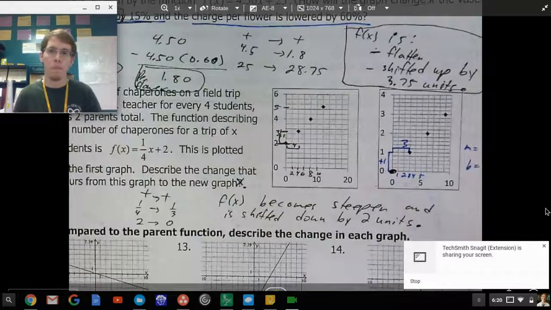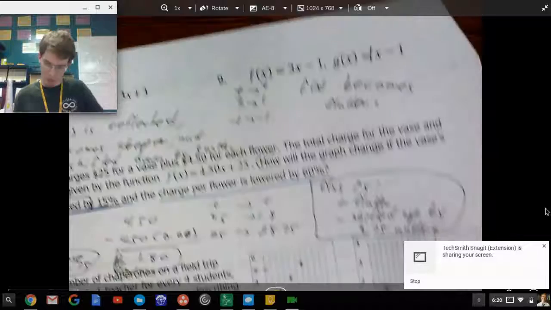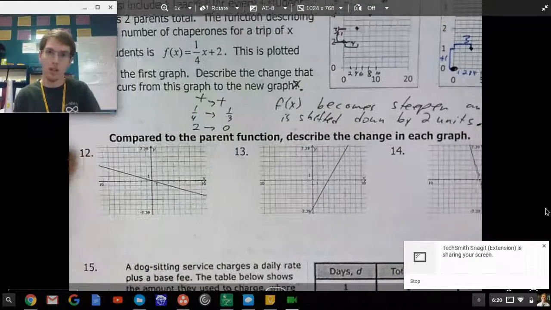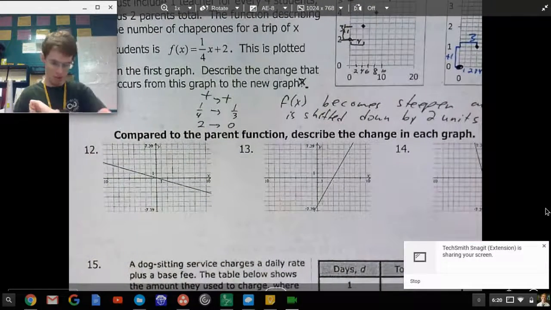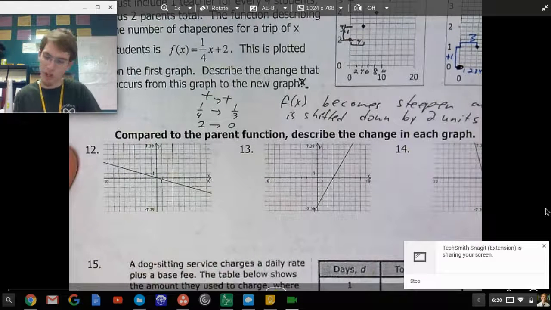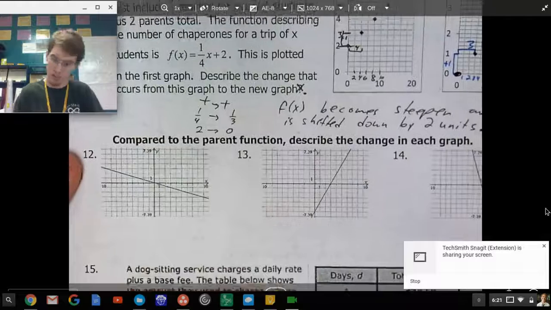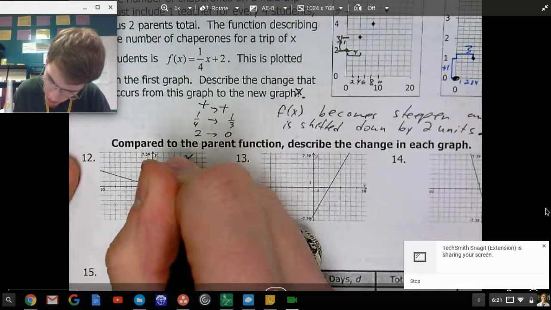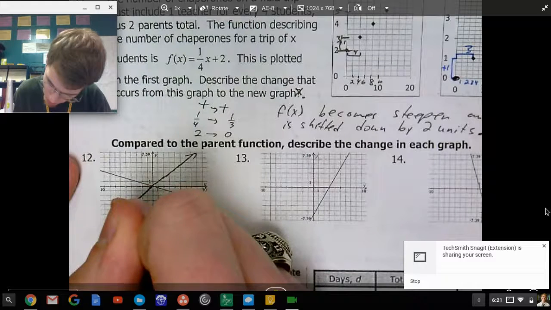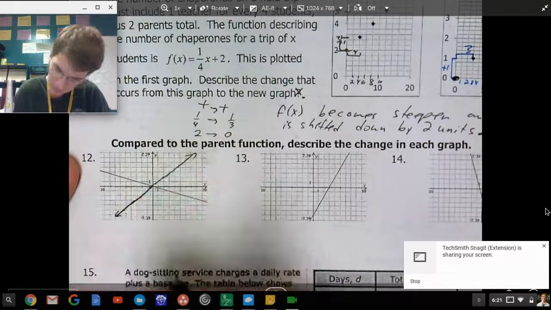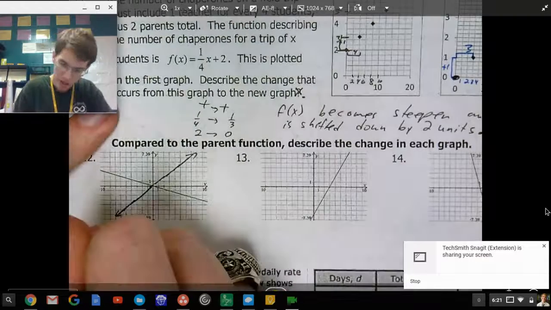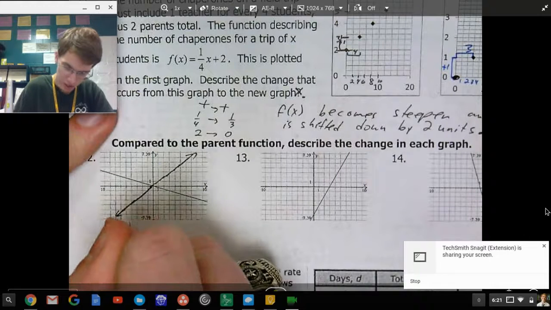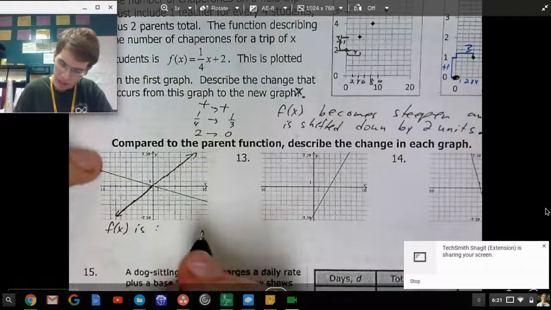Okay, let's move on to number 12. We're on our way. Okay, so compared to the parent function, describe the change in each graph. All right, so the parent function is always y equals x. So the change there, f of x is, let's see this one right.